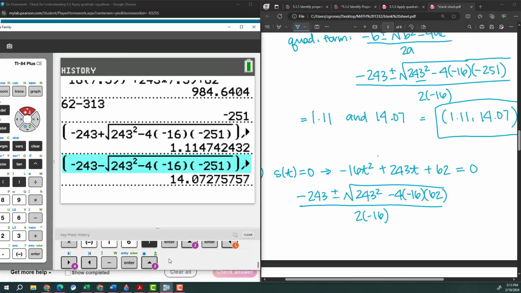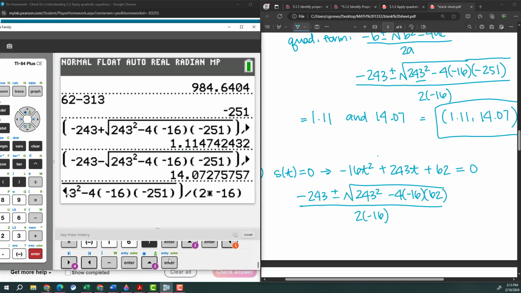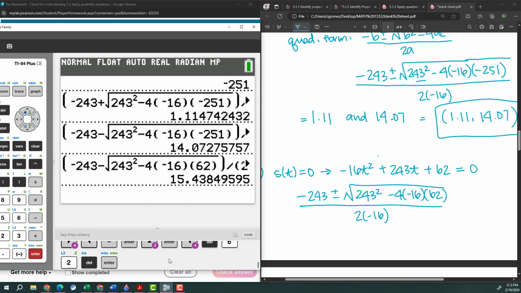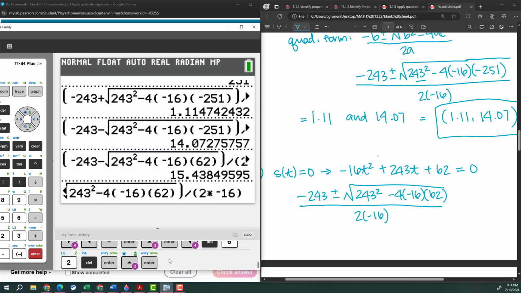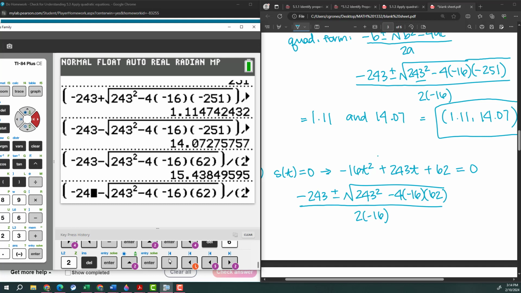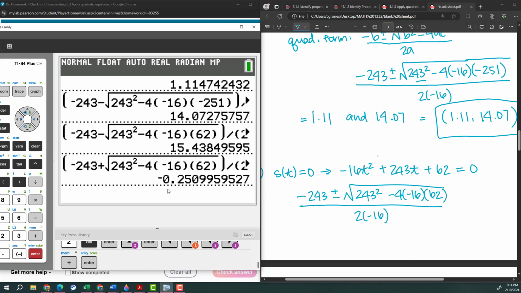I'm just going to go up and highlight, and all I'm changing is the 251 to a 62. And I do need to do both plus and minus, but we can see here we have a negative 0.25 and then we have 15.438.